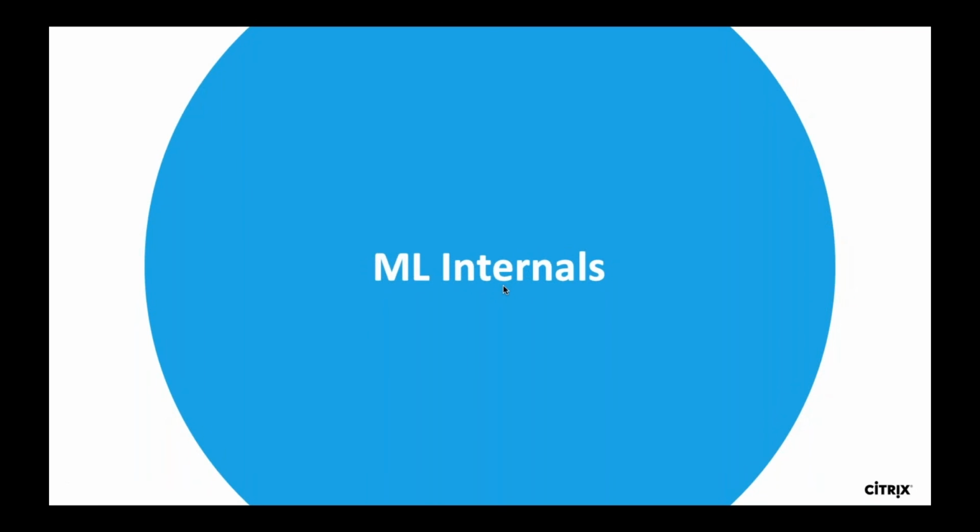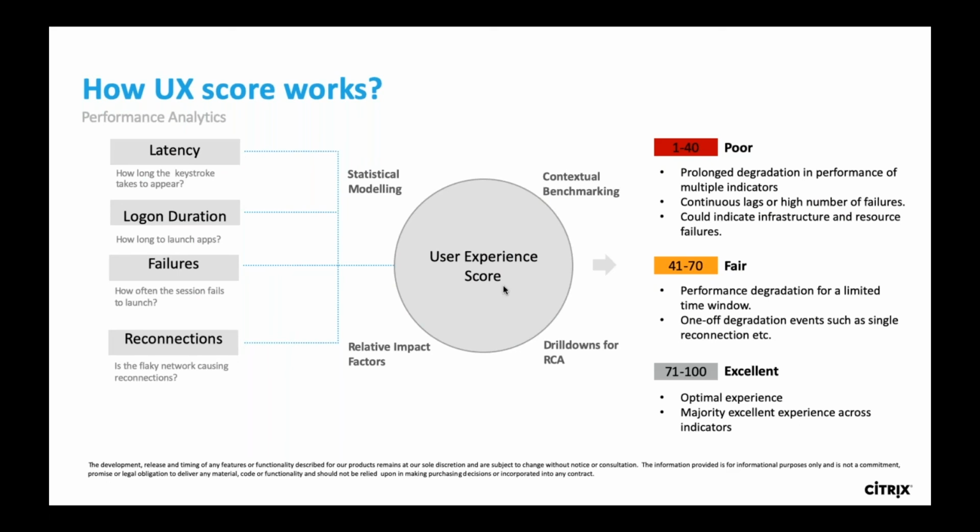Okay, let us move on into what is happening behind the scenes when the analytics system classifies users into excellent, fair, and poor category. What goes on in the background is a continuous monitoring and thresholding of critical user experience factors on a periodic basis.